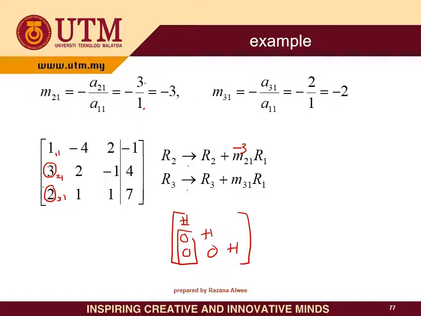For m31, this refers to here, number 2: a31 divided by a11 is 2 divided by 1, but with the negative it will be negative 2. So m31 will be negative 2.